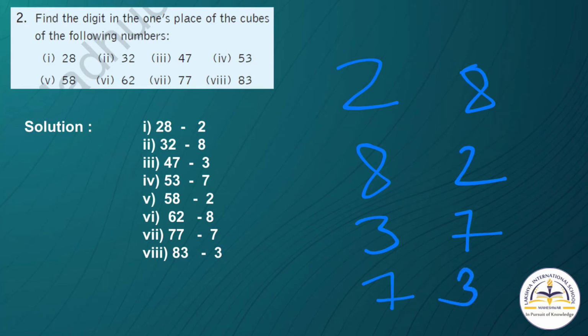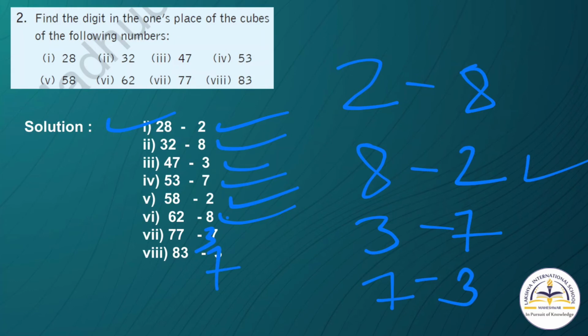Here it is 8 at the ones place, so we will get 2. For 77 we will get 3. For 83 we will get 7 here.